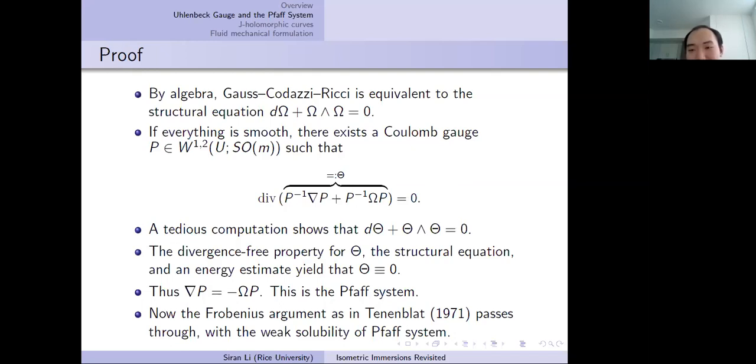Of course, I start with the domain manifold being simply connected, and then by a monodromy argument I can go from local to global, so I can prove it globally. The uniqueness up to ambient Euclidean motion can also be proved by playing with the Coulomb gauge.